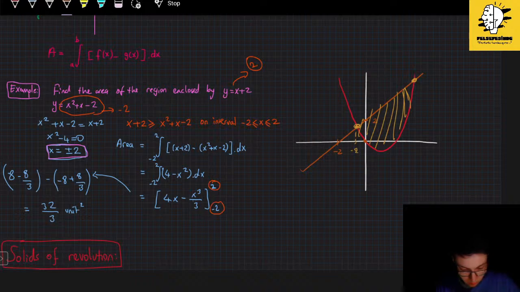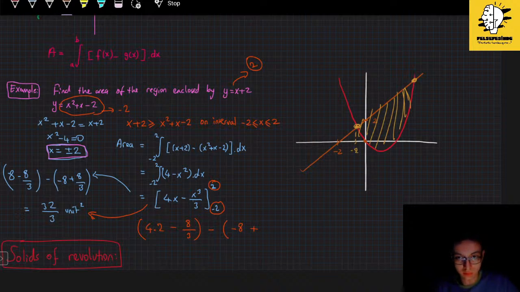And then when we put 2, 4 times 2, minus 8 over 3, minus, but we are putting minus here, guys, minus 2. Minus 8 is minus 8, and also it's going to be plus because we are putting minus here, it is cubed, so these minuses will cancel each other.